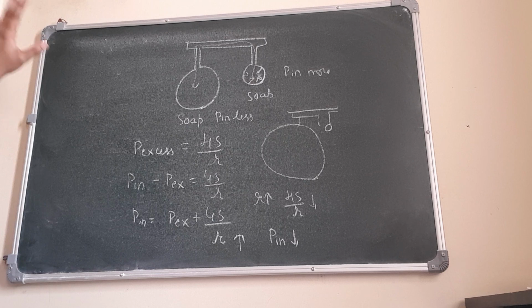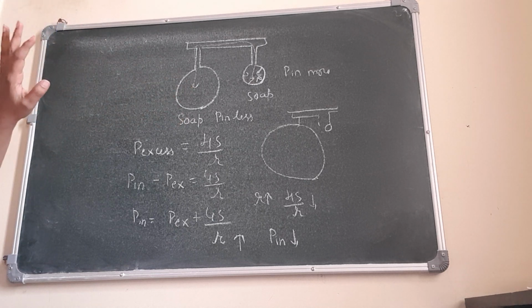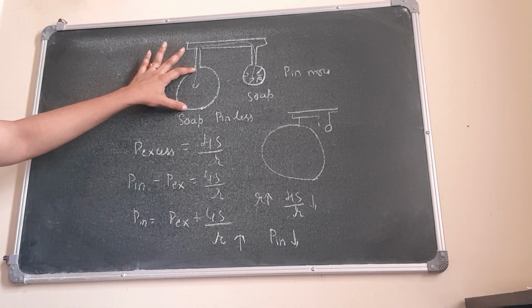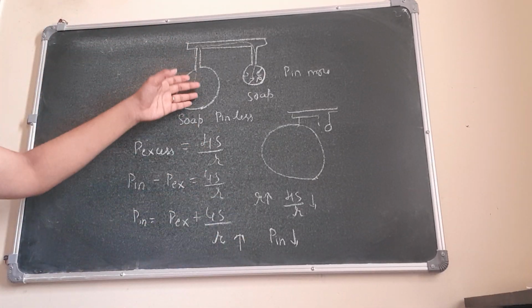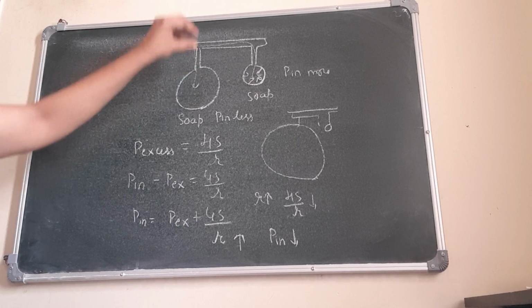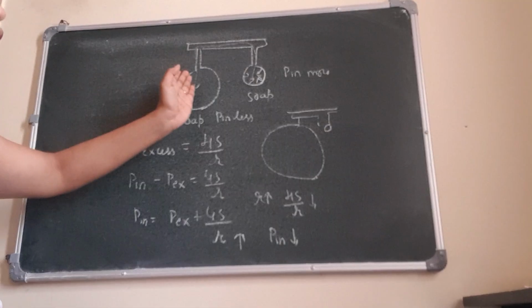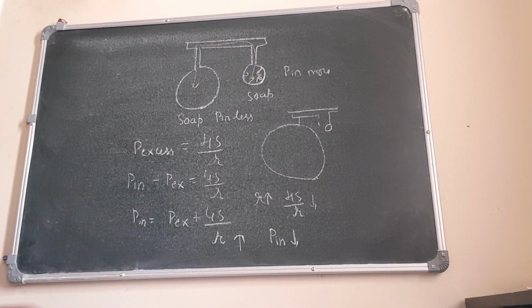And the simple reason is nothing but excess pressure. Higher the radius, less is the internal pressure; smaller the radius, more is the internal pressure. To equalize pressure, air flows, and that's the reason this becomes smaller and this becomes bigger. Alright.